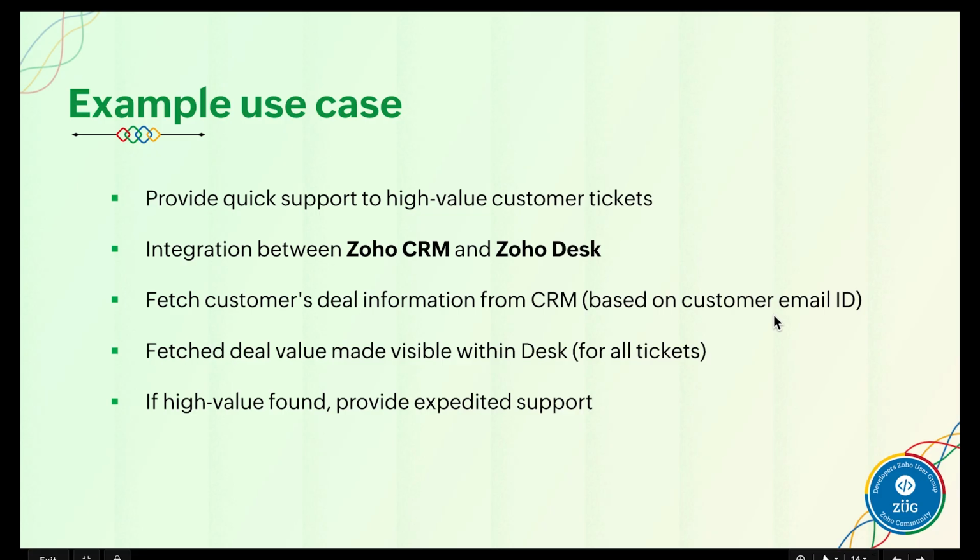Once the deal information is available, it is made available within Zoho Desk. This will be applicable for all the support tickets received within Zoho Desk. So if, based on the deal information, a high value deal is found, the support agents can provide expedited support for that customer. So this is the case, and let's see what components are required to implement it.